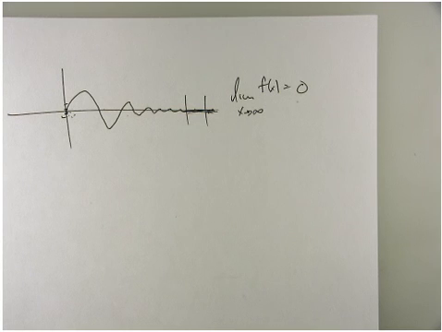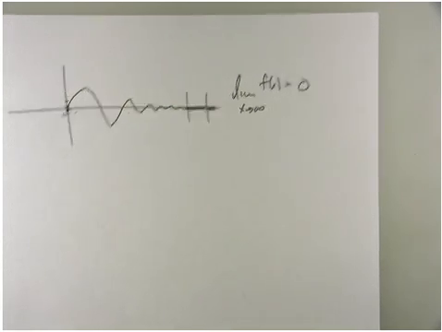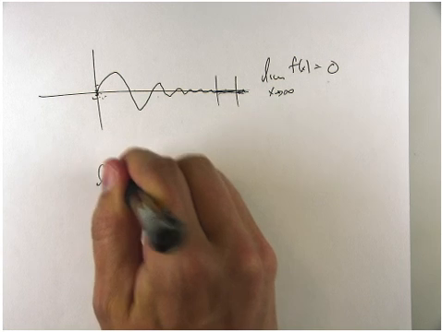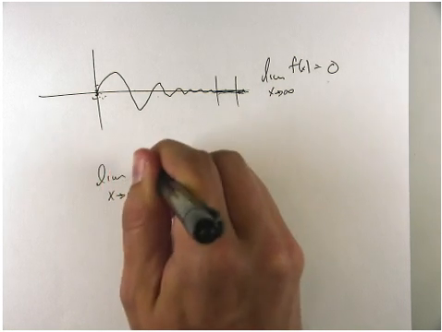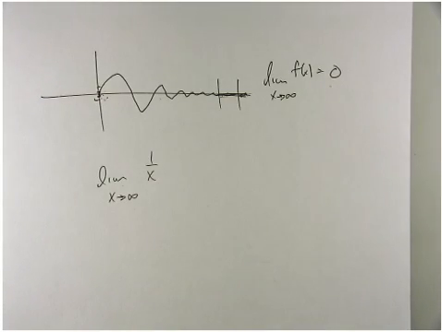So here's an easy problem. The limit as x approaches infinity of 1 over x, what do you suppose that is? You're going to take 1 and divide it by numbers that are getting increasingly large.